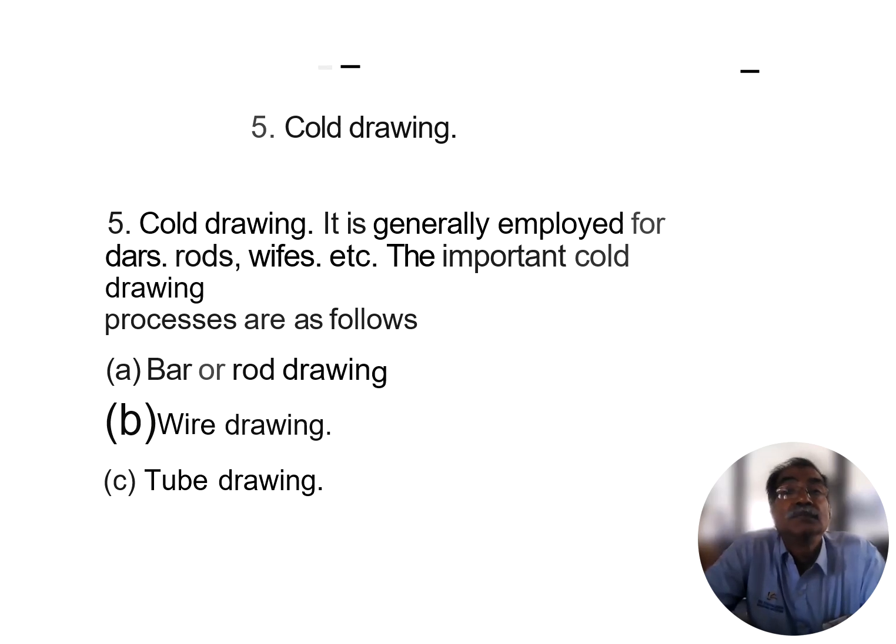from mills. Initially, the hard drawn bars from the mills are first pickled, then washed, and then coated to prevent oxidation. The drawing is also used for wire drawing, tube drawing, etc. In wire drawing, the rolled bars from the mills are first pickled, washed, and coated to prevent oxidation.